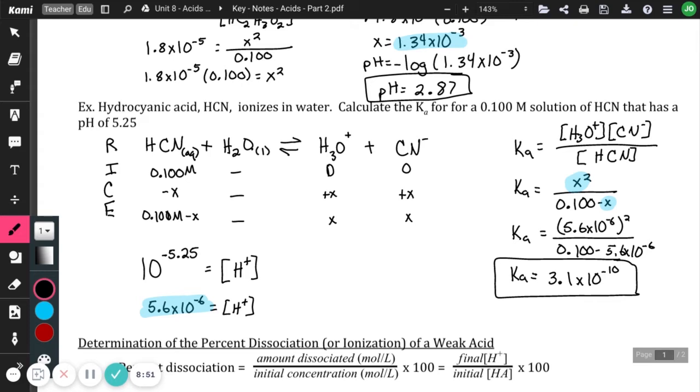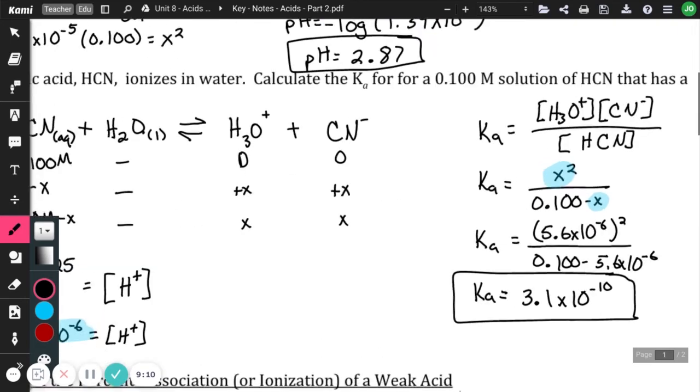So I have 10 to the negative 5.25, and that gives me my hydrogen or hydronium concentration, which is 5.6 times 10 to the negative 6. Then after I've written out my Ka expression, I can go ahead and plug in my value. So over here I highlighted.